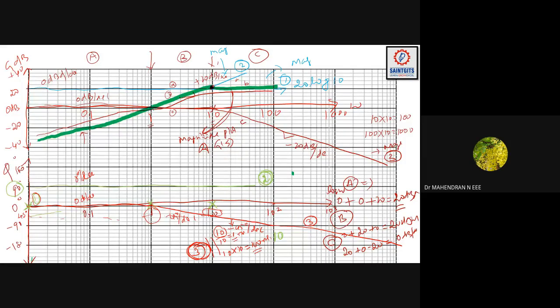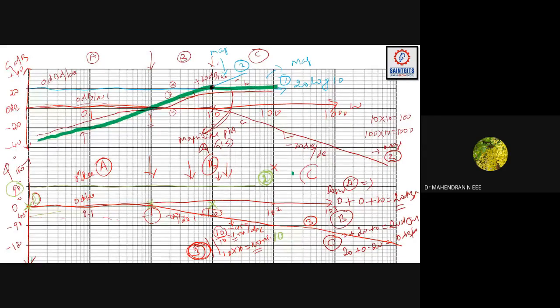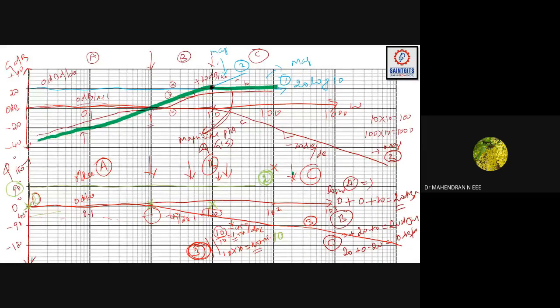Now we have to combine all these plots. As I said, there are three portions. So this is your portion A, this is your portion B, and this is your portion C. Now at A, you add all the degree per decade. Here it's 0 degree per decade, and here 0 degree per decade.